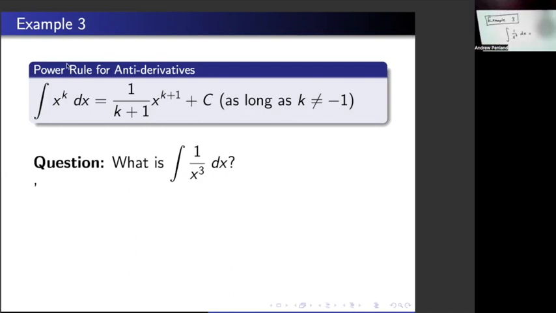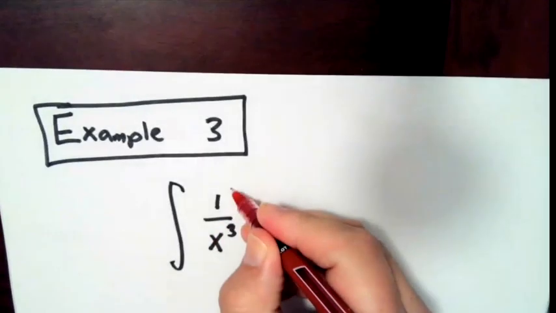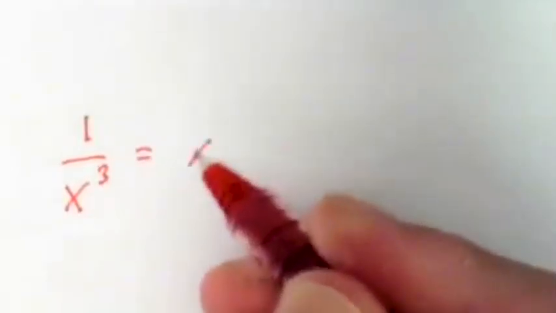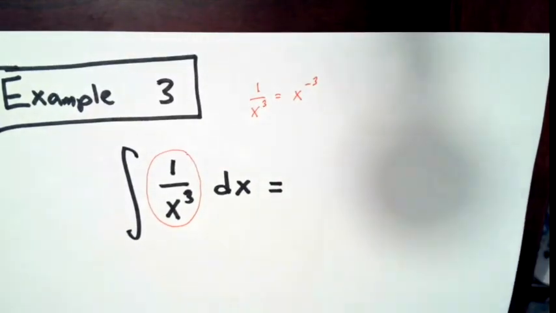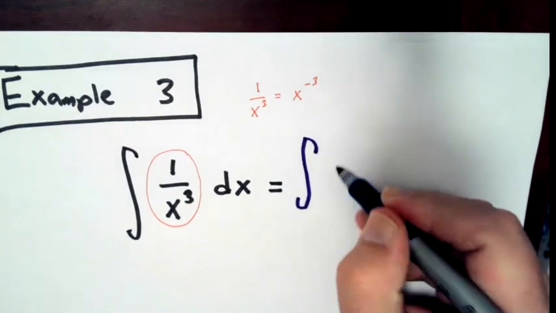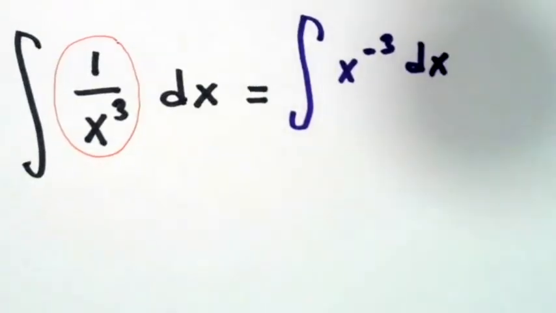This 1 over x cubed can be rewritten as x to the -3. So when we have something in the denominator, we can rewrite it with a negative exponent. Now that didn't affect at all what we're doing, it just changed one step here. But now it's clear that this does fit the x to the k pattern.